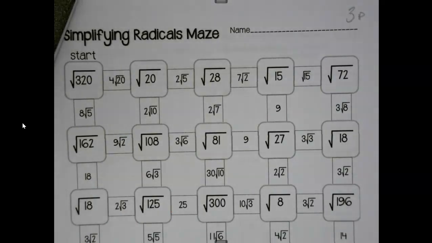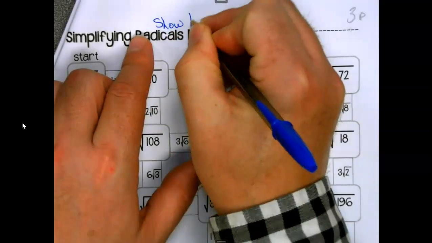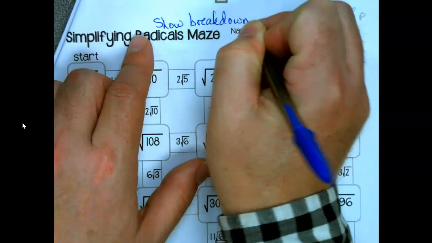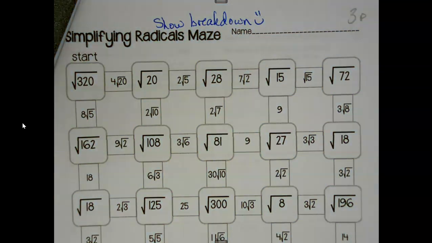Now, here's what I'm going to ask though, and I'm going to even write it on here so I've got proof that I asked for it. I don't want this just becoming a game of, well, I'm just going to guess, and, well, that other one's not broken down completely, so it's this one. I want you to actually get the practice with the breakdown.